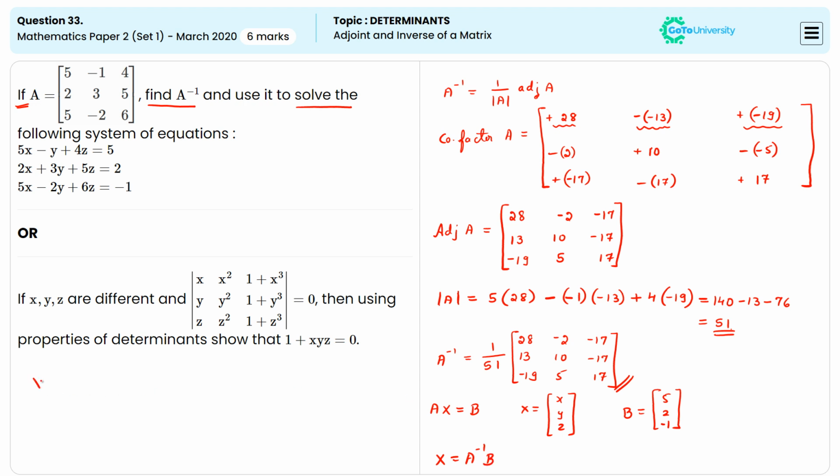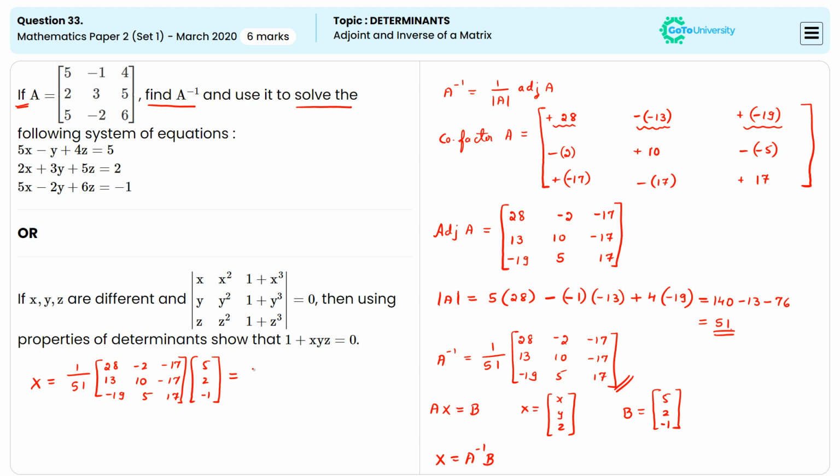Now I'll take X is equals to A inverse, which is nothing but 1 by 51 times of 28, minus 2, minus 17, 13, 10, and minus 17, and minus 19, 5, and 17. Now this has to be multiplied with 5, 2, and minus 1.